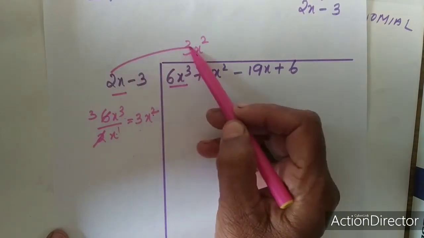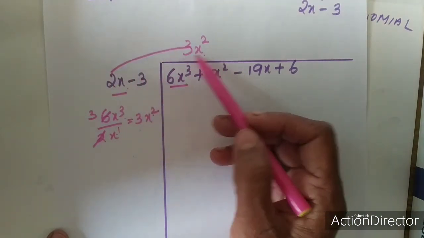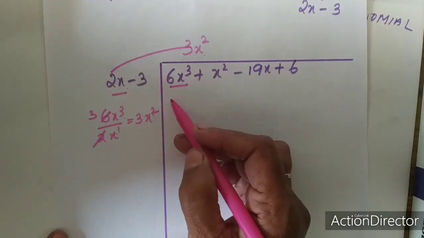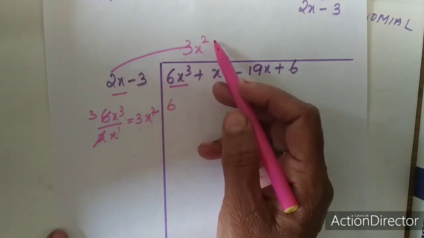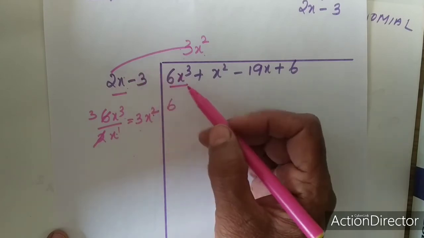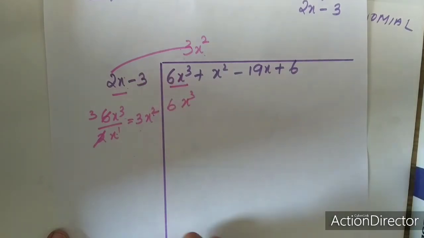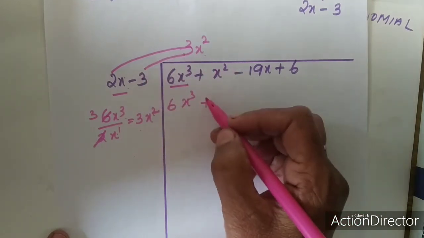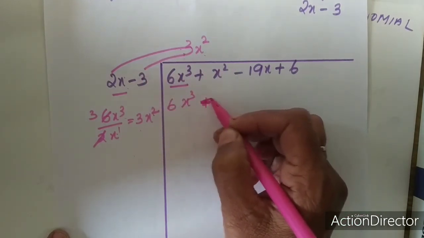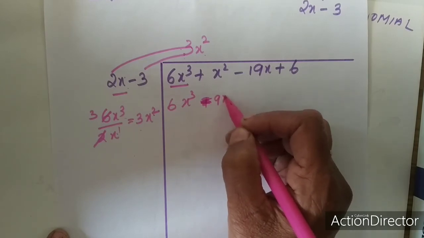Now you multiply 2x into 3x². 2 into 3 is 6. x^1 into x^2, apply the laws of exponents: 2 plus 1 will be equal to 3. So 6x³, and minus 3 into 3x² is minus 9x².